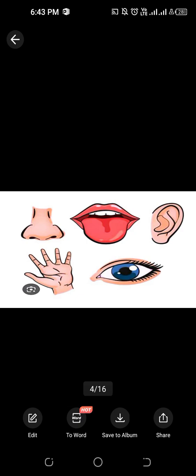The five organs responsible for these senses are nose, tongue, ear, skin, and eye.